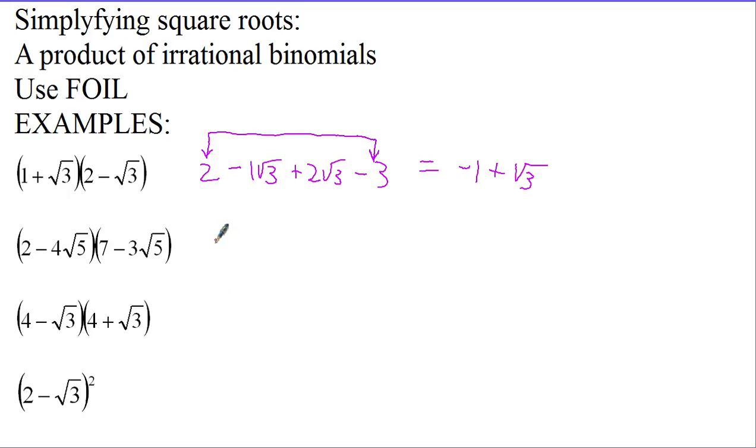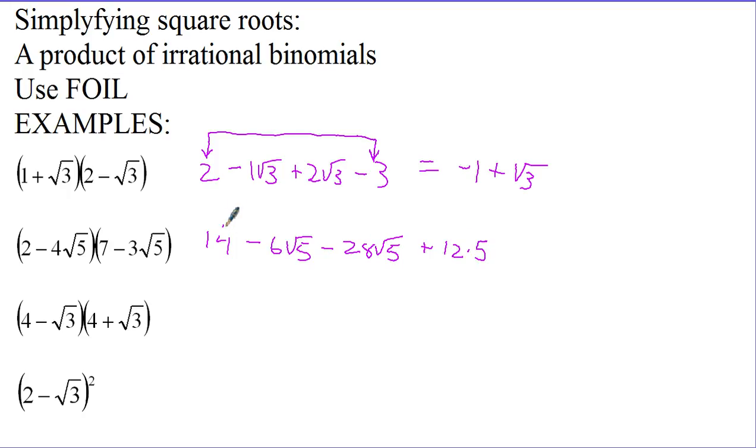FOIL problem down here. First times first is 14. Outside pair, sign is negative, number is 6, and the square root is a 5. Inside pair, sign is negative, number is 28, and it's a square root of 5. Last times last, sign is positive, number is 12, and the square root 5 times the square root 5 is a whole number 5.